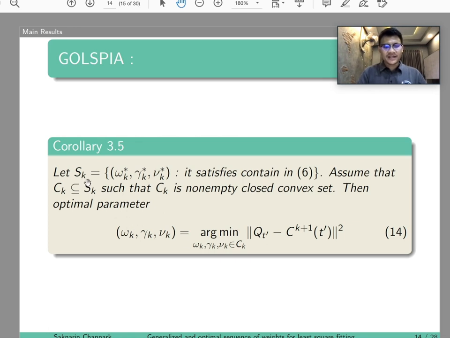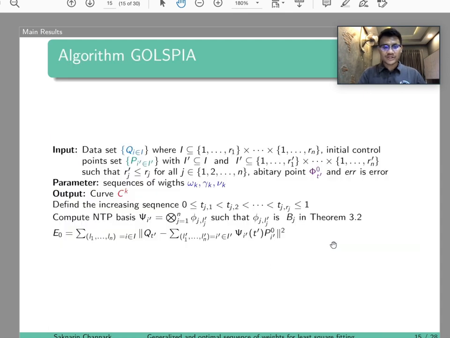Let S_k equal the set of omega k star, gamma k star, nu k star satisfying the condition in equation 6. Assume that C_k is a subset of S_k such that C_k is a non-empty closed convex set. Then the optimal parameters omega k, gamma k, nu k equal the argmin of this term in equation 14.